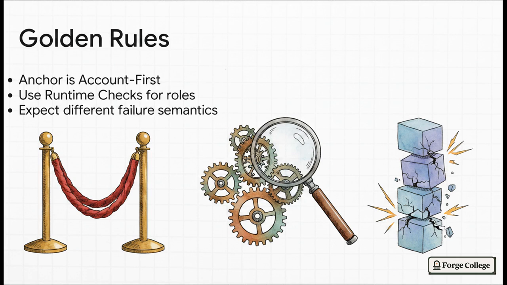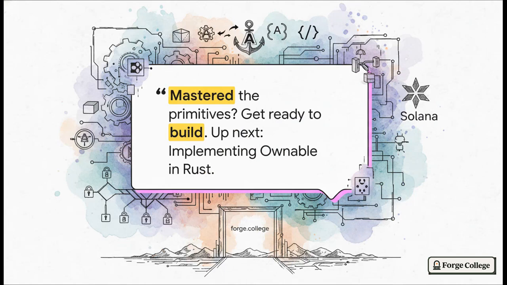And third, prepare for entirely new failure semantics. Your clients now have the massive responsibility of passing the right accounts in the right order with the right signatures. And if they fail, they don't get a simple Solidity string revert. They get Anchor's program result errors. Master the primitives? Get ready to build. Up next, implementing Ownable in Rust and Anchor.